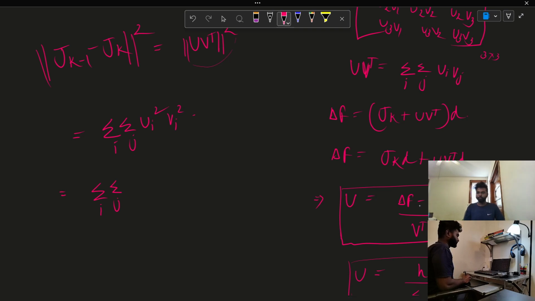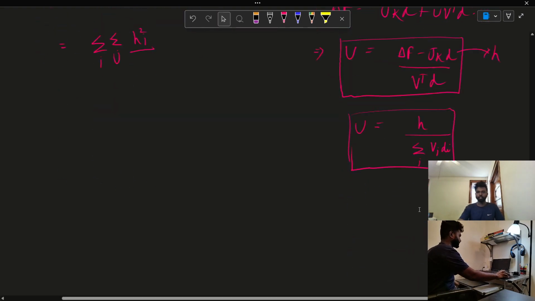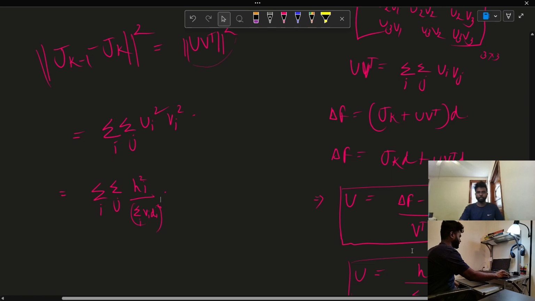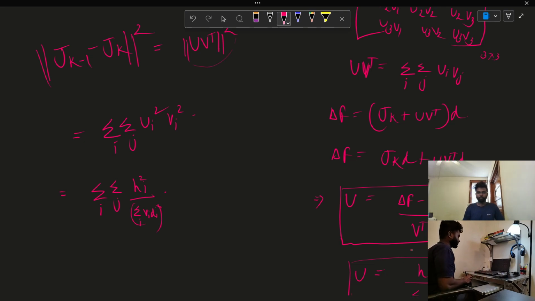So it will become h_i squared divided by summation over i of v_i d_i, whole squared. You can take this outside, then this v_i squared.